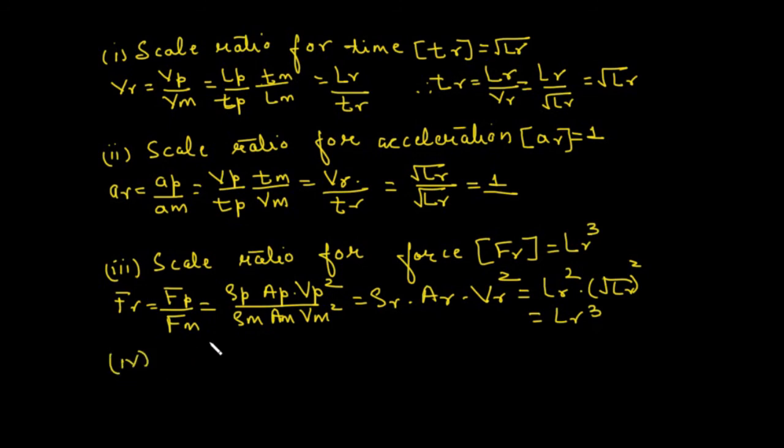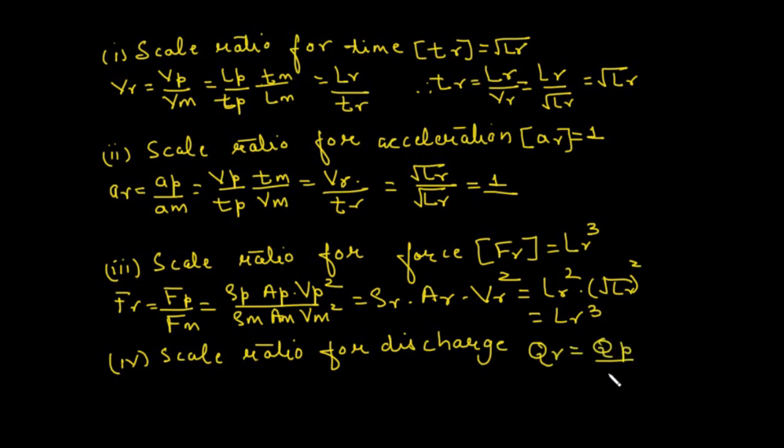Lastly, we can derive the scale ratio for discharge. Qr is equal to Qp upon Qm, and discharge is volume upon time. So we can write Lp cube upon Tp divided by Lm cube upon Tm.